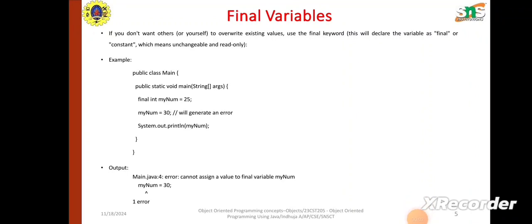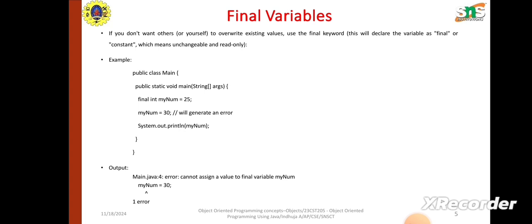Next, final variable. If you don't want others to overwrite existing values, use the final keyword. Suppose the value inside a variable should not be changed by others, we can use this final keyword in front of the variable.